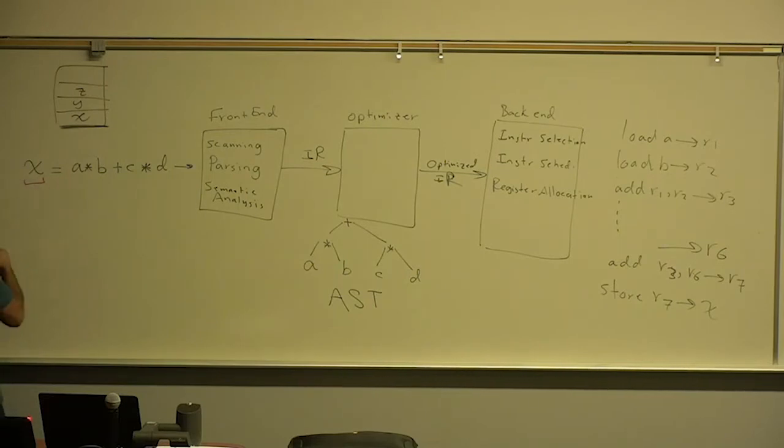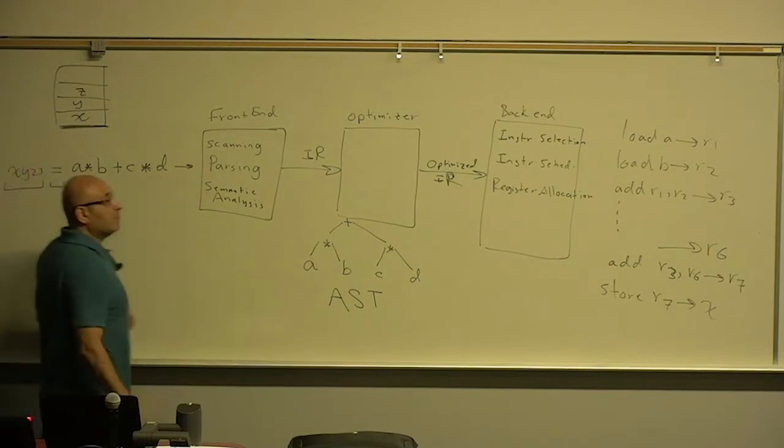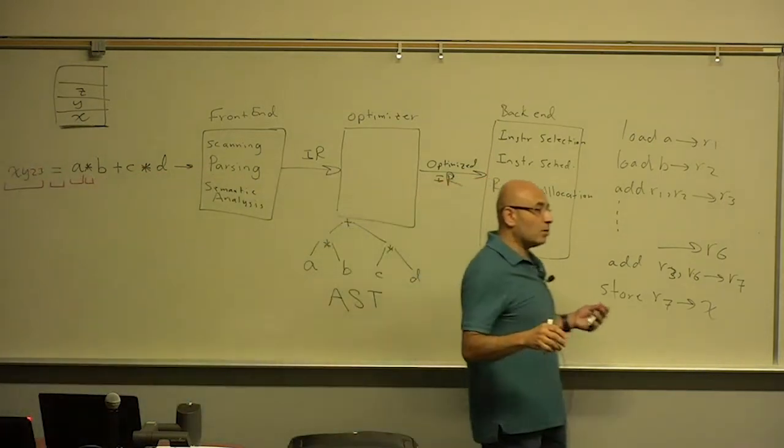But if you had a variable like xy23, this whole thing is going to be one word, which is a variable name. This is another word, which is an assignment operator. This is a word, this is a token. So scanning is going to break up your input program into tokens or words.